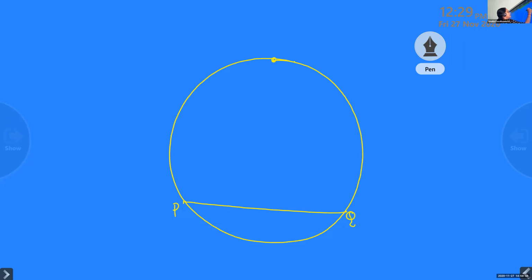And R is a point anywhere on the circle. Let us join these three points with line segments. Clear? And this angle is known as the angle subtended by the chord at any point on the circle.